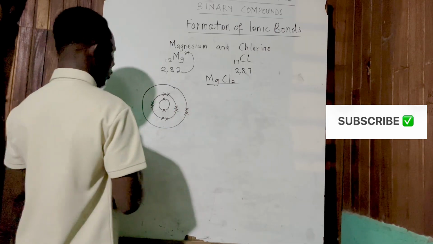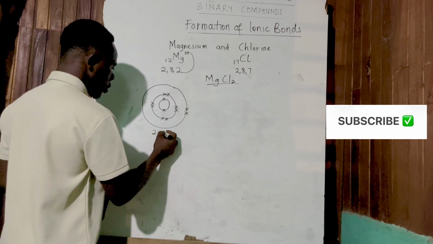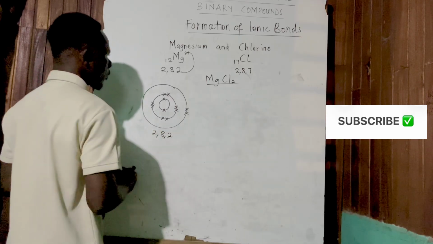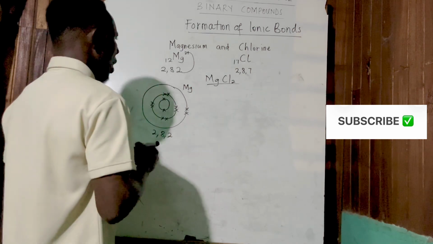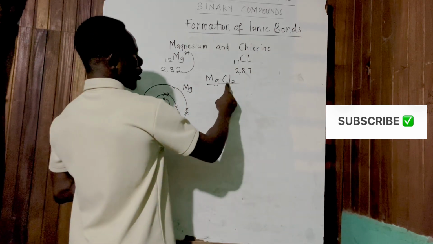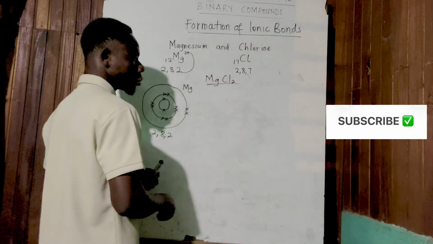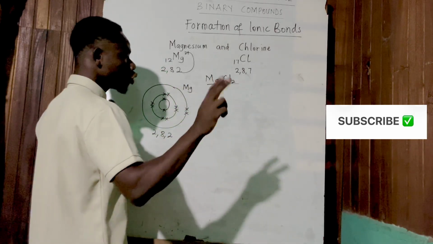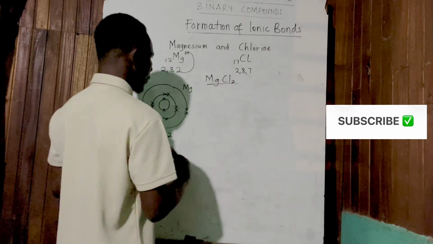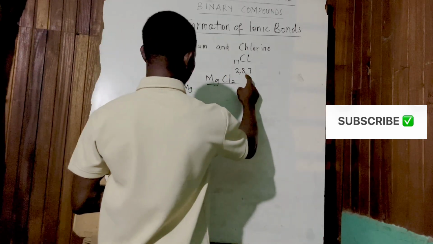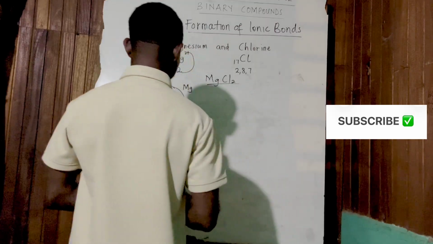So let me draw for 2, 8, 2, which is magnesium. Now, looking at this, how many chlorine is present here? There is 2 chlorines. Are you getting it? So you are going to draw chlorine 2. Now chlorine is 2, 8, 7. You are going to draw chlorine 2, 8, 7 and the chlorine 2, 8, 7.